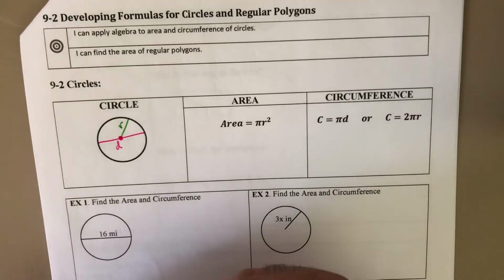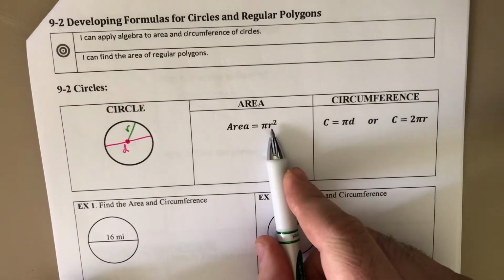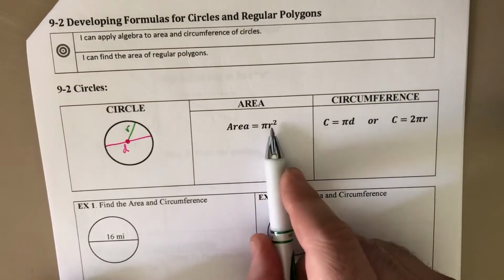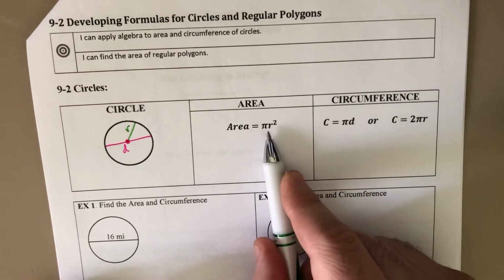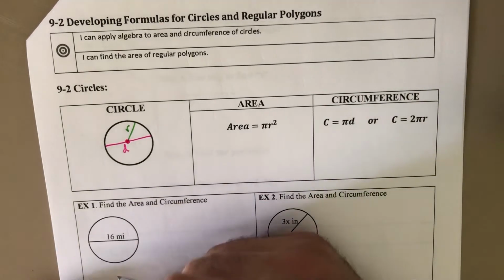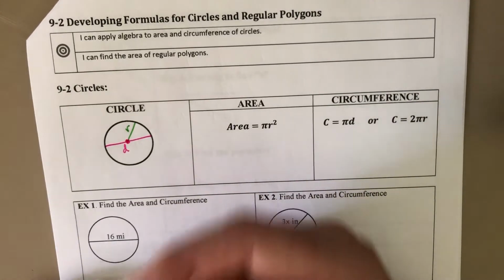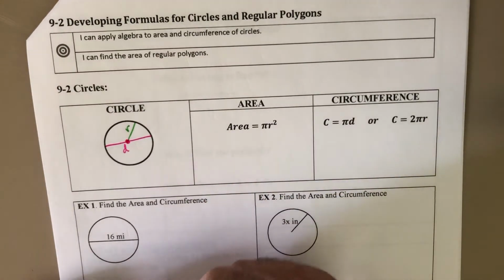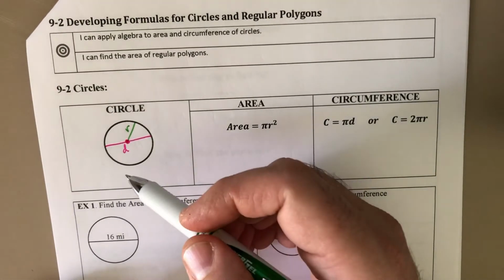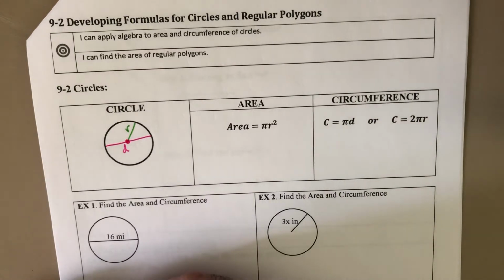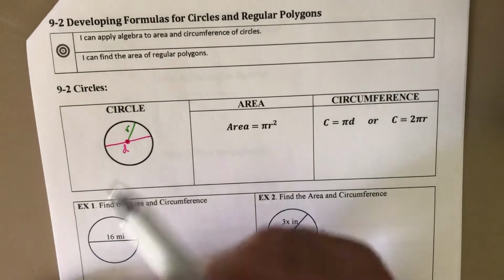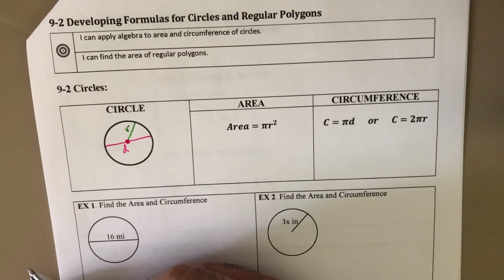Now radius is the one we use most often because it's the one that's in our area formula. The area for a circle is pi times the radius squared. Pi is that kind of magical number that occurs naturally with circles. Pi is the ratio of the circumference of a circle to its diameter.